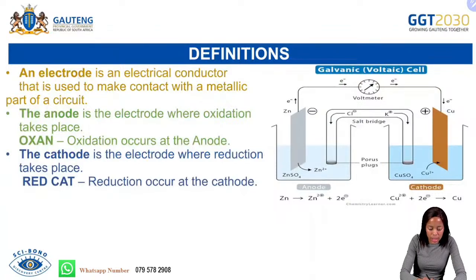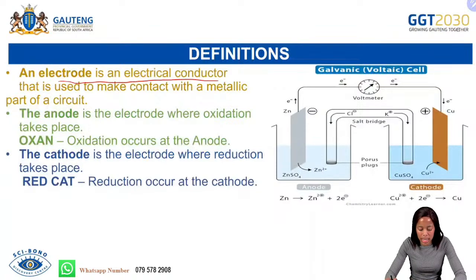Now it says an electrode. So now we have more definitions. It says an electrode is an electrical conductor. Okay. So remember when we introduced, we said we are going to use metals as the electrodes. So in this case, the Zn and the copper, they are representing our electrodes.